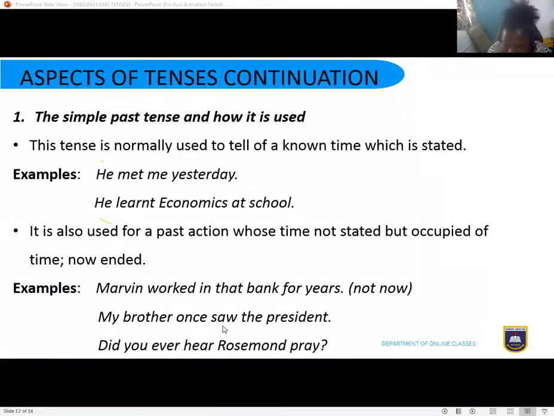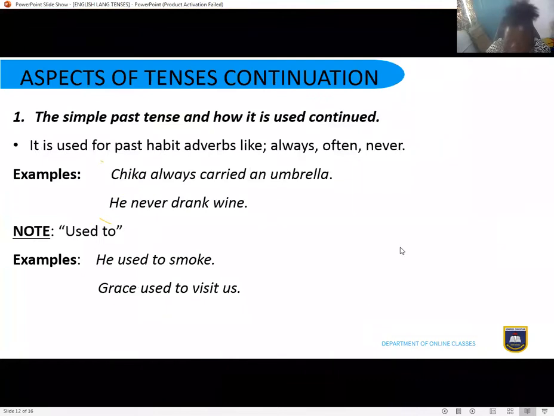And the time that he saw the president is what? Once. The exact time is not given to us. The third example is, did you ever hear Rosamond pray? So it means that the time that Rosamond was seen was not given to us.